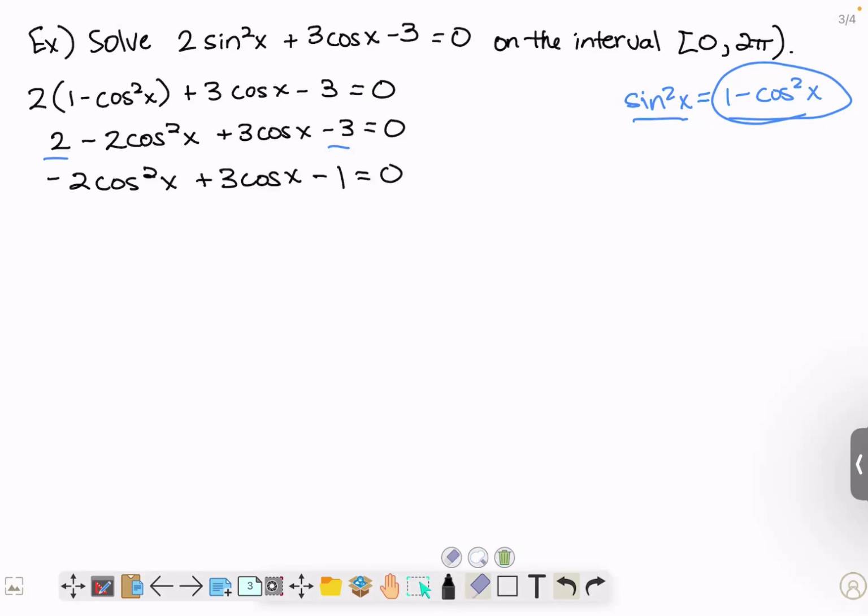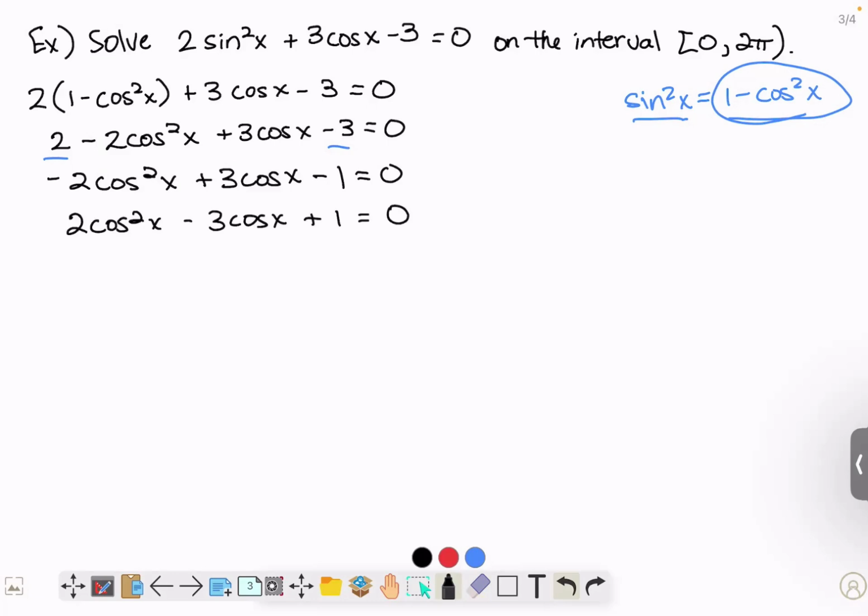And you can change all the signs by either multiplying or dividing everything, as long as you do every term on both sides by negative 1. So I'm going to multiply everything by negative 1, and that's going to change all of the signs to opposite whatever they were. So this will be a positive 2, a negative 3, a positive 1, and 0 times negative 1 is still 0. So you can achieve this by either multiplying or dividing everything by negative 1.